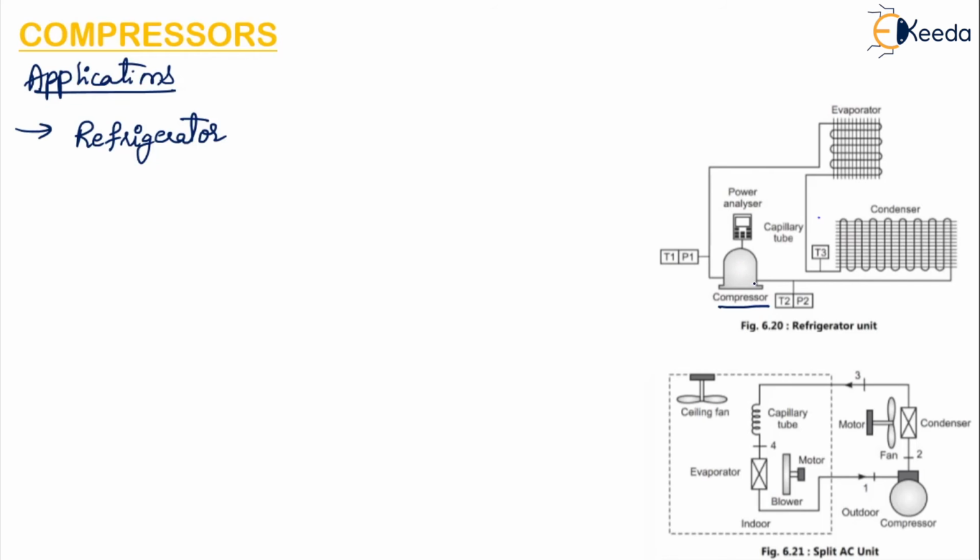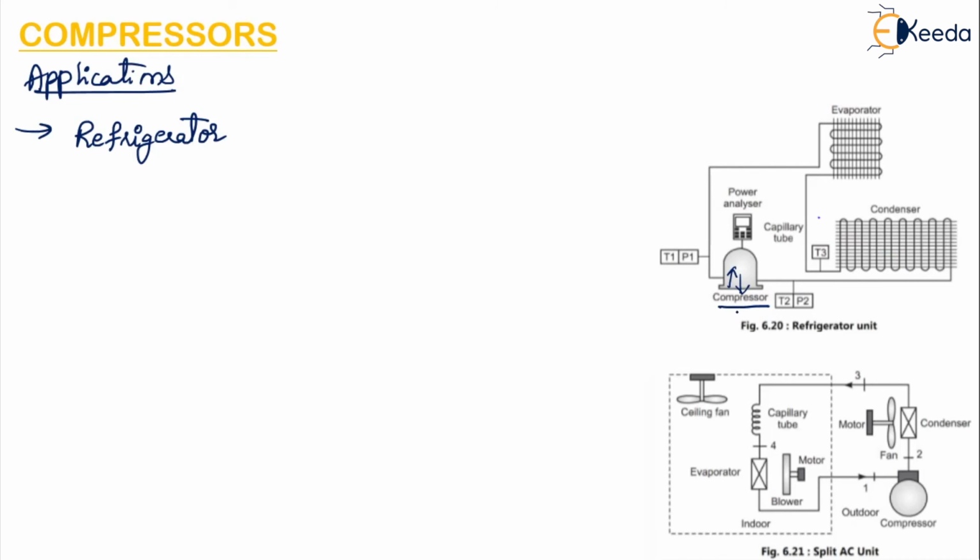We have seen, the piston present in the compressor will move downward, and there will be a pressure drop inside the cylinder, because of which the refrigerant will get inside the compressor. Then when the piston moves upward, the pressure inside will increase and this will be delivered to the receiver end. Here the receiver end is the condenser.